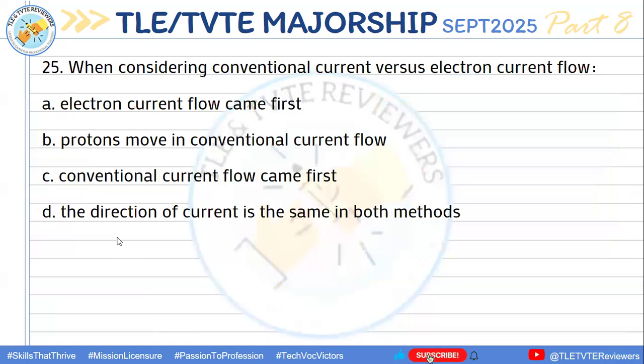Number 25, when considering conventional current versus electron current flow, A, electron current flow came first, B, protons move in conventional current flow, C, conventional current flow came first, D, the direction of current is the same in both methods.